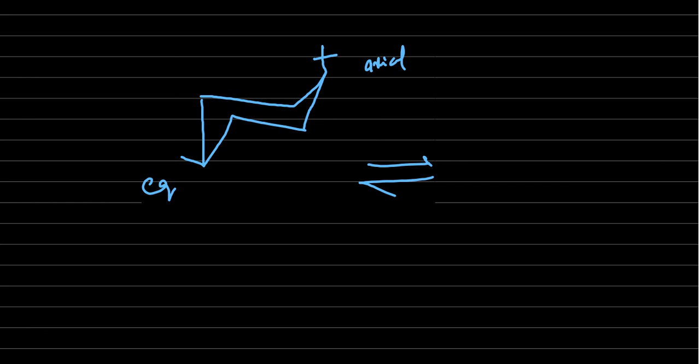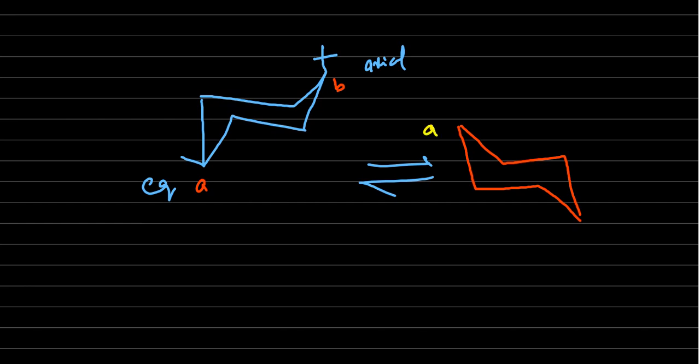Flipping means, I am writing A and B: this A position goes up, like this you have to write. This is the A position, this is the B position.